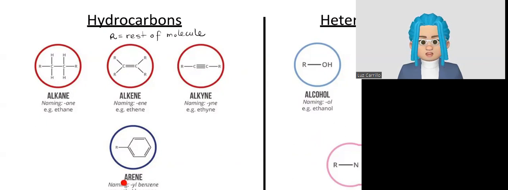Lastly, we have arenes. And an arene is going to have this hexagon structure that has alternating double bond, single bond, double bond, single bond, double bond, single bond. This specifically is known as a benzene ring.